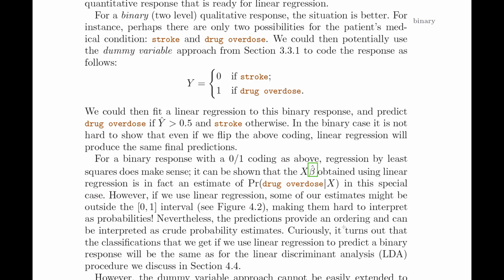This would look like simple linear regression. Is that correct? No, I doubt it. No, this X can still be a vector, like, you know, a set of symptoms. So this could be a vector.